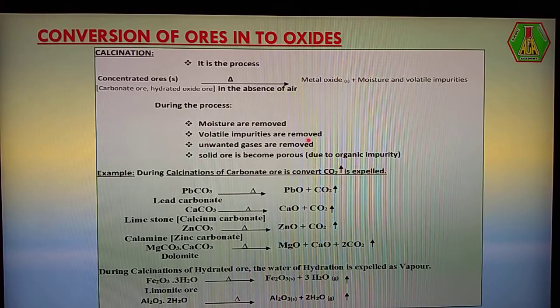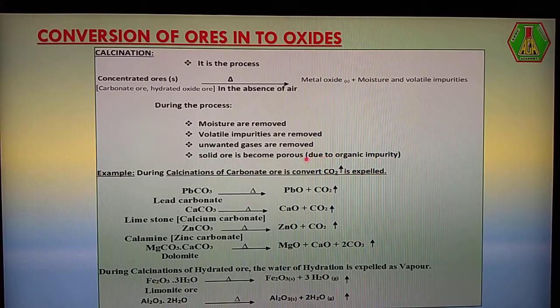Volatile impurities means easily evolving gaseous substances, like sulfur dioxide, arsenious oxide, phosphorus pentoxide. All are removed. Unwanted gases are all removed, and the solid ore becomes porous.